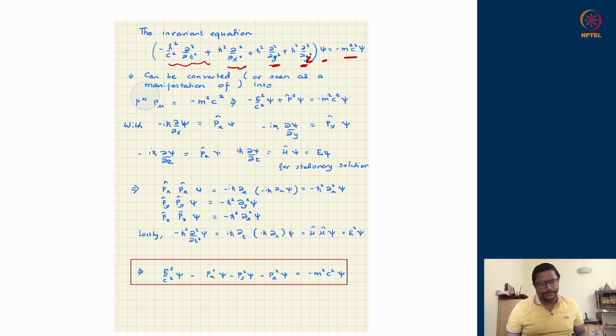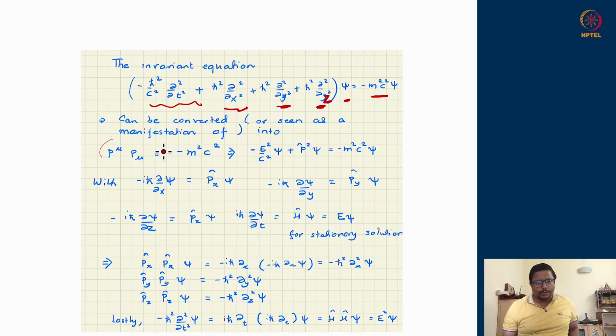So now we can see that these are invariant objects, and if I convert things into the components, it had a component p0 which can be written as e square upon c square, if you recall. Then the remaining three spatial p1, p2, p3 will appear as p square.